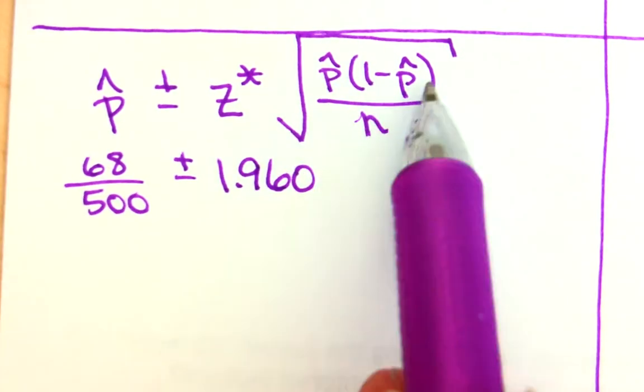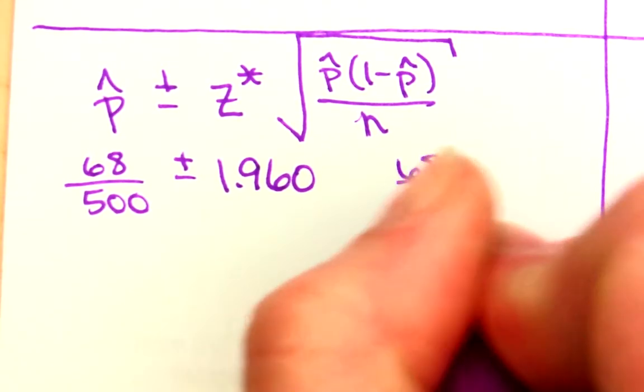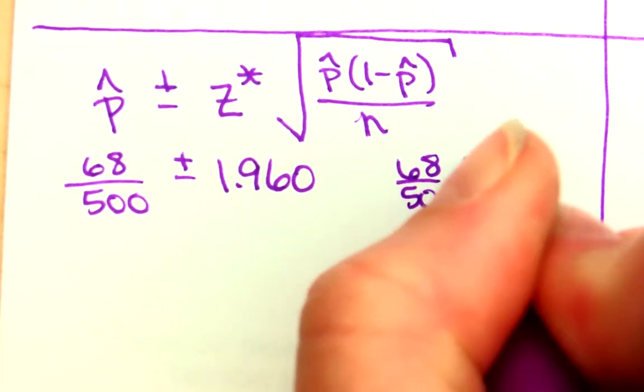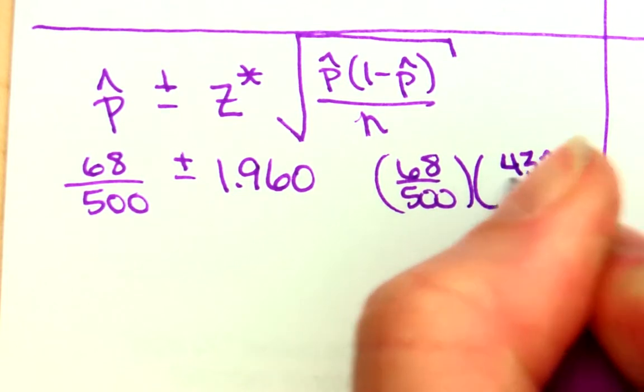Then over here, my p hat is still the same value. So 68 over 500. And then this one was 432 out of 500.